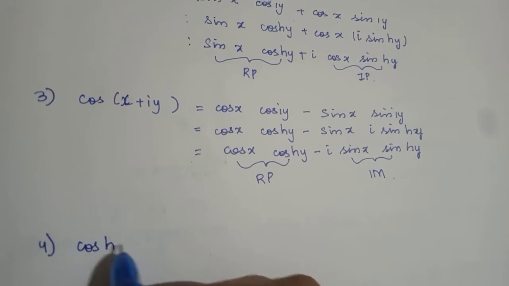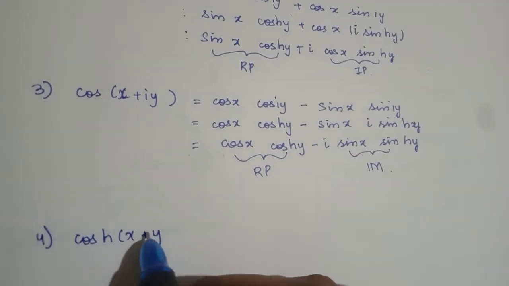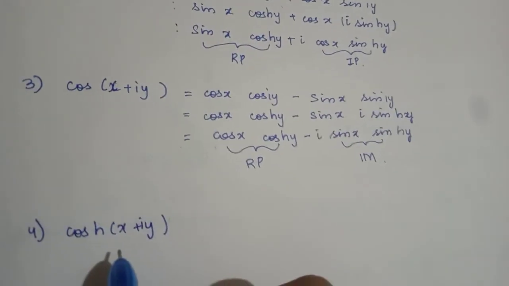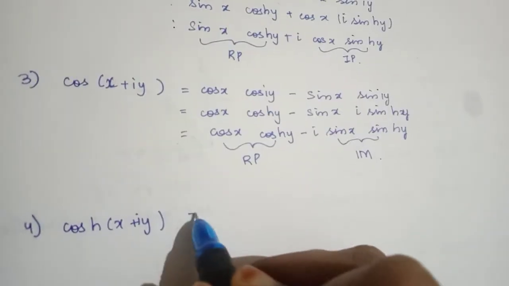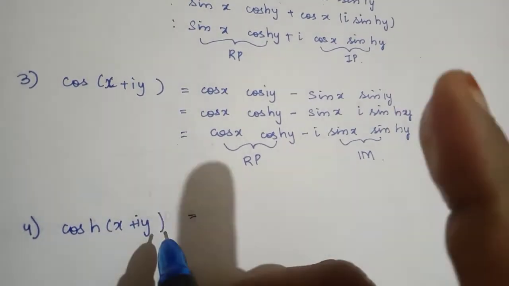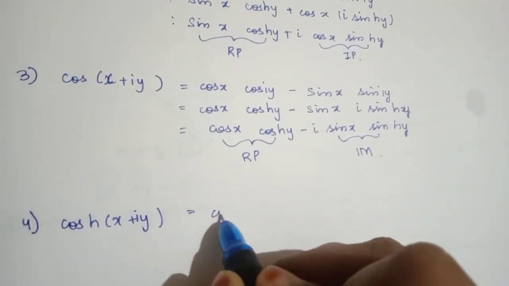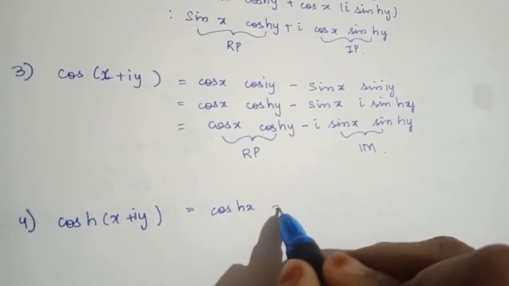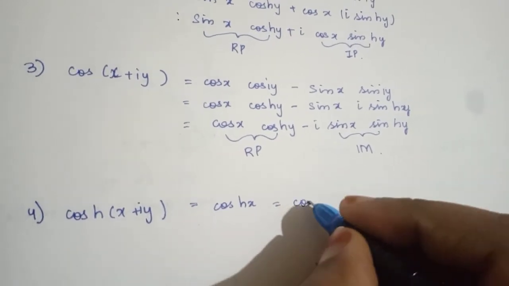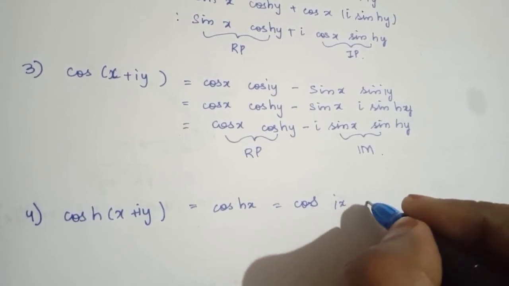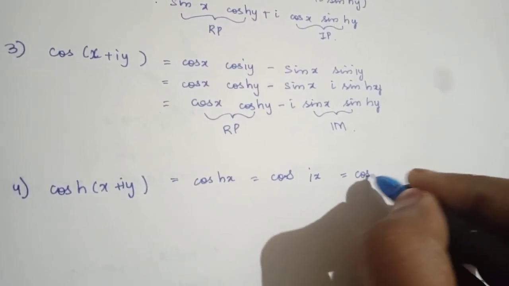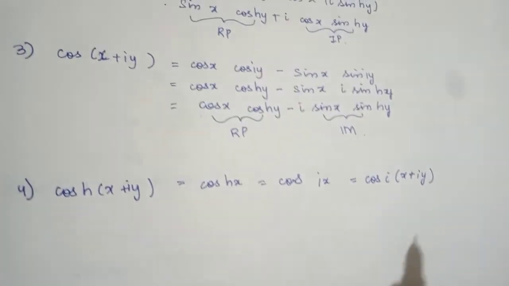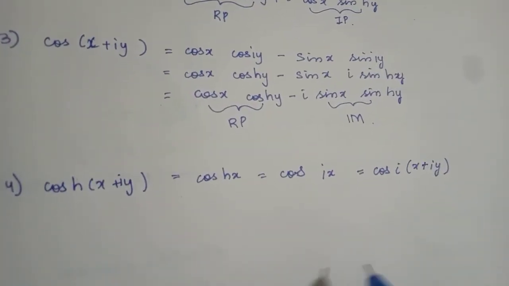Here cosh of x plus iy. Here with cosh, you can't solve it as the previous sum, you have to simplify this. So considering this as one element, cosh x is written as cos ix.